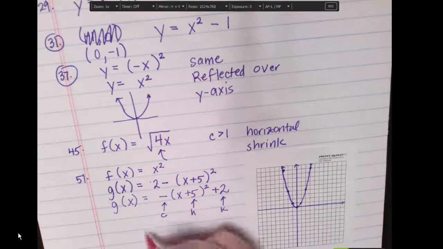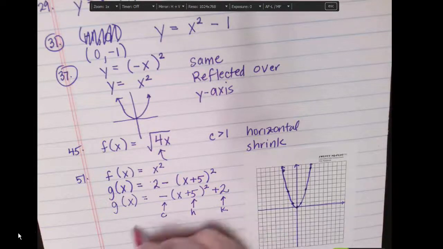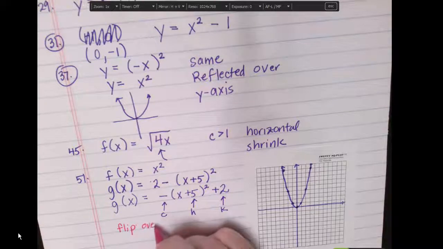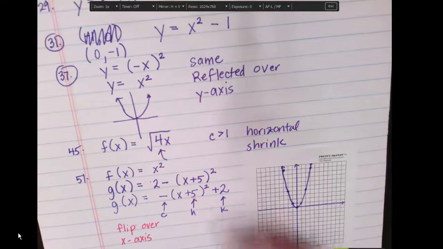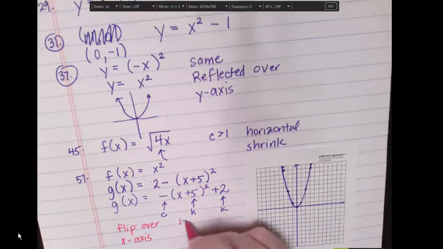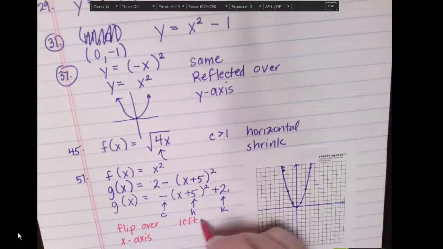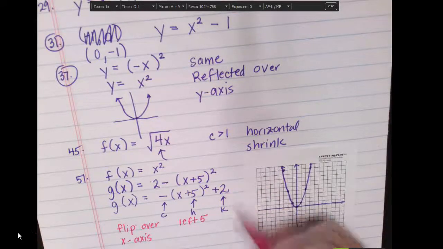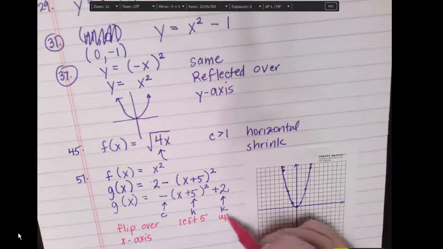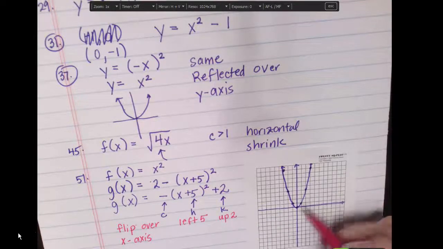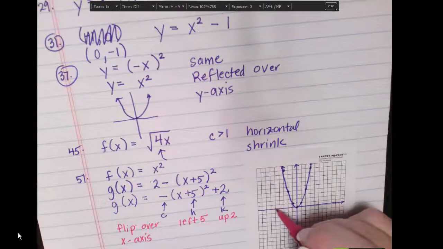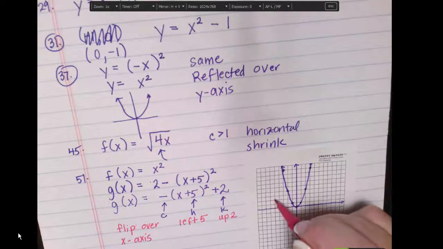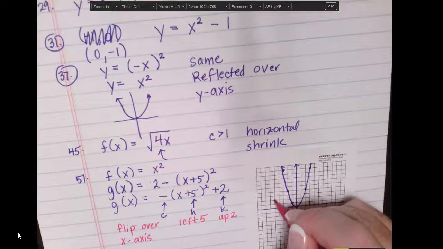So this negative is on the outside of the parentheses, so that's going to be a flip over the x-axis. This h right here has a plus with it, so that's going to be left 5, and this positive 2 is going to be up 2. So I can go left 5, 1, 2, 3, 4, 5, up 2, and put a point.